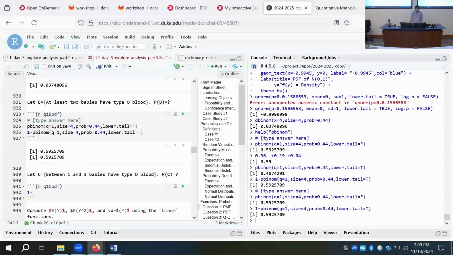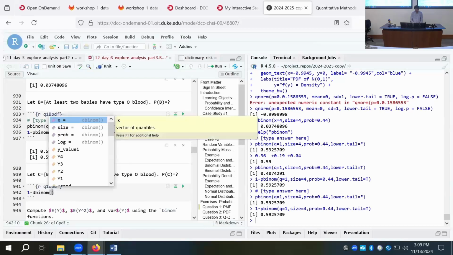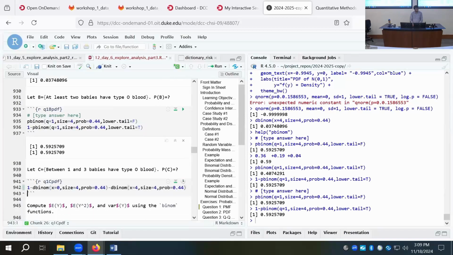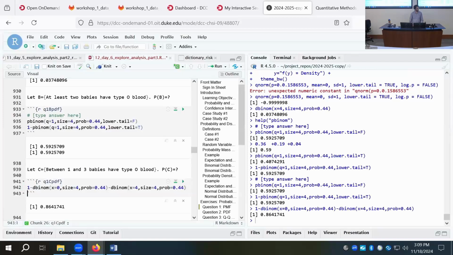So 1 minus dbinom x equals 0, size equals 4, prob equals 0.44, and then subtract off x equals 4. This is going to give me 0.8641.